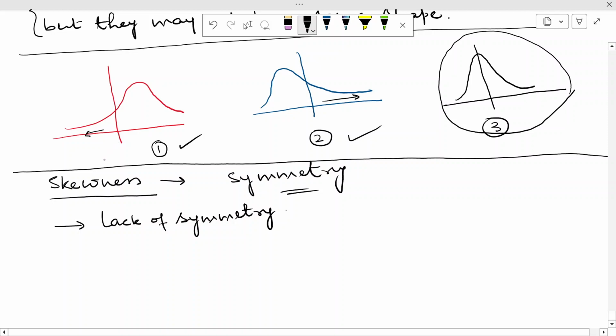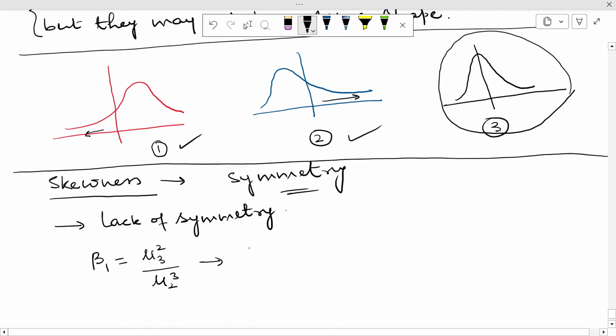But when we have to quantify this, we can use the moment coefficient, or you can say the beta 1 coefficient, which is defined as mu 3 squared over mu 2 cubed. This gives us an idea about the skewness.